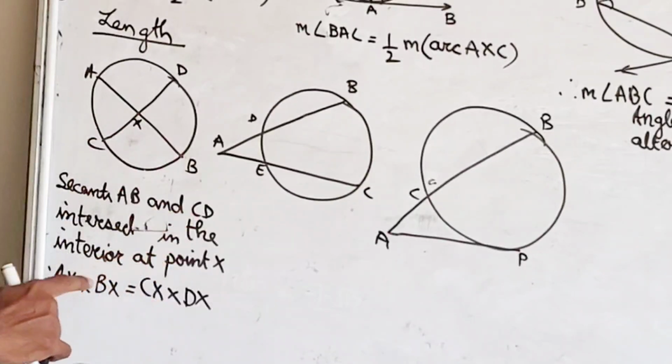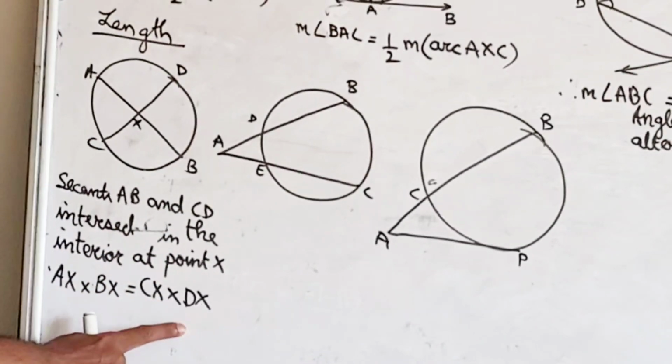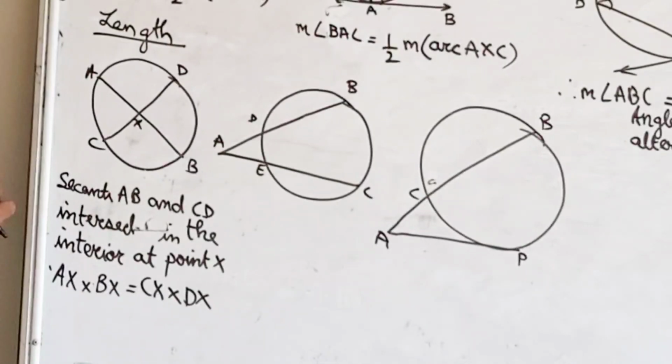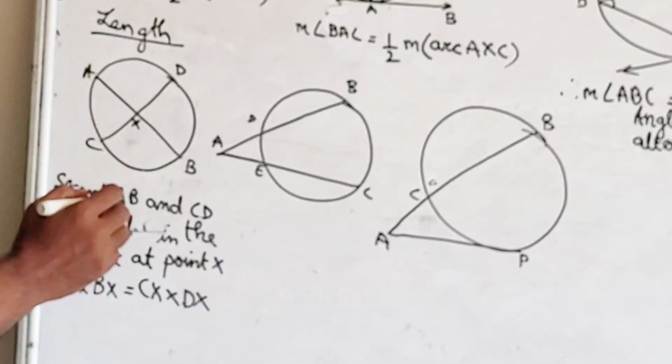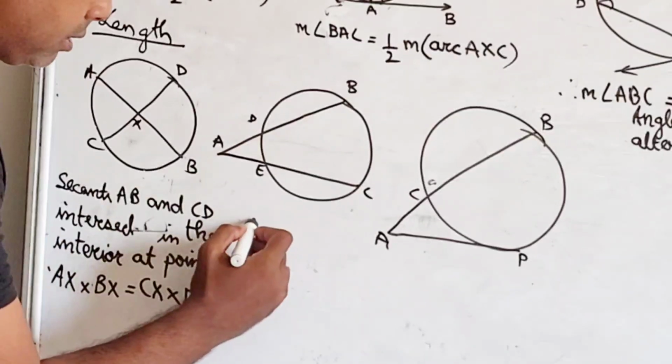In this, any three of the lengths will be given and you have to find the fourth value.